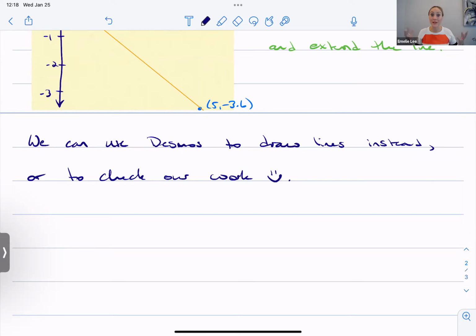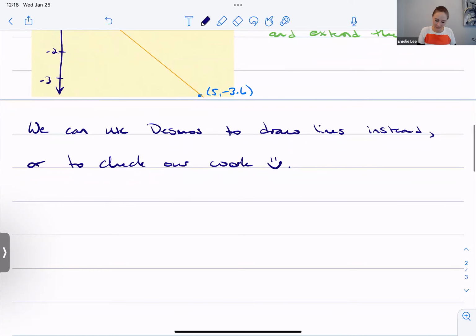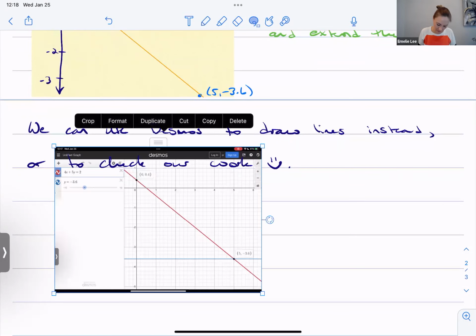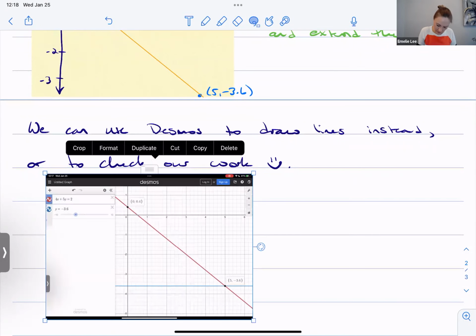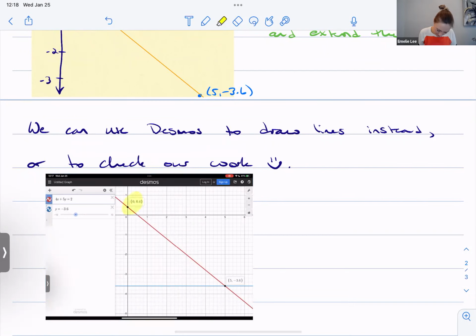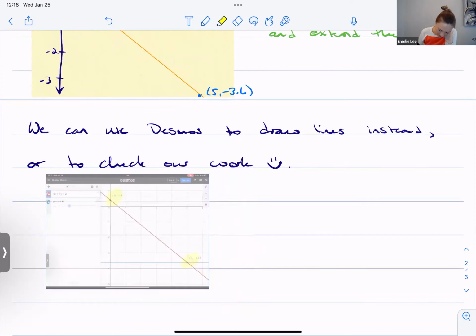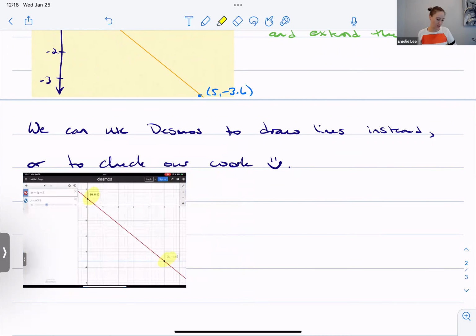We like checking our work. Okay. So here we saw that these points match up with what we found. And so now I'm feeling confident with the line that I drew. In fact, I'm going to make this just a smidge smaller so it doesn't take up a ton of space.